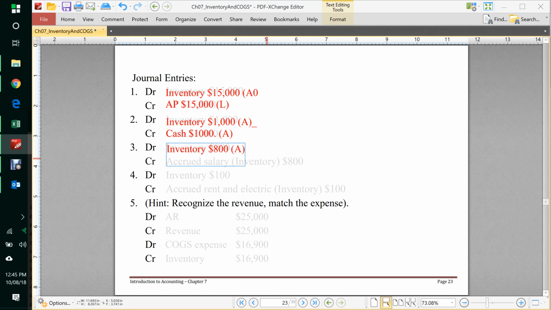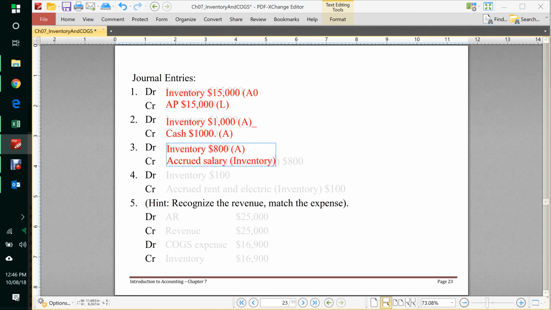Okay, she was not paid, she's a salaried employee. So that means they have a liability to pay her, which is not AP because there's no invoice. You don't get invoices from your salaried employees. So I'm going to say accrued salary, and I'm going to put inventory here.